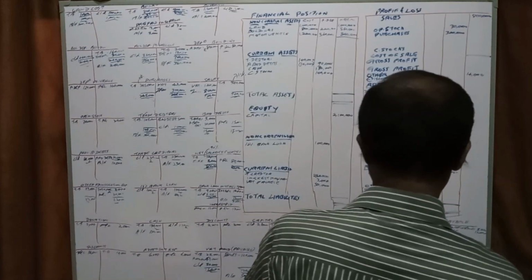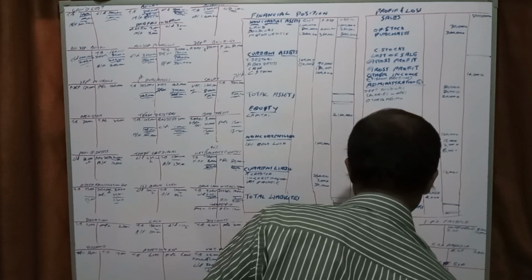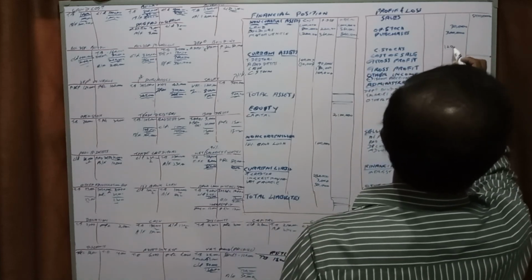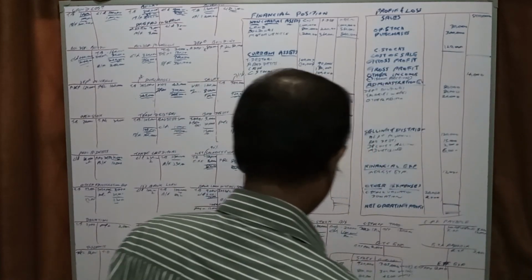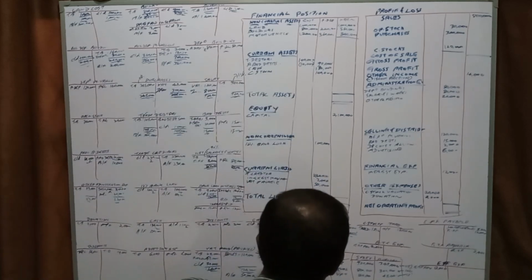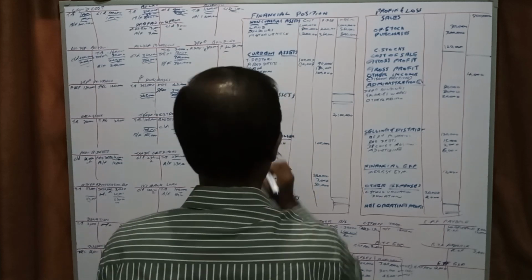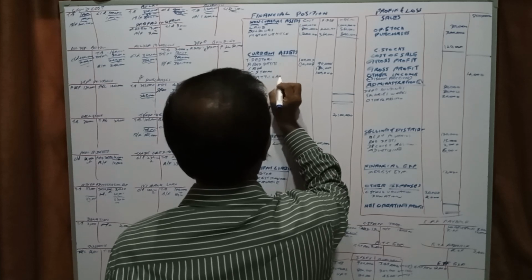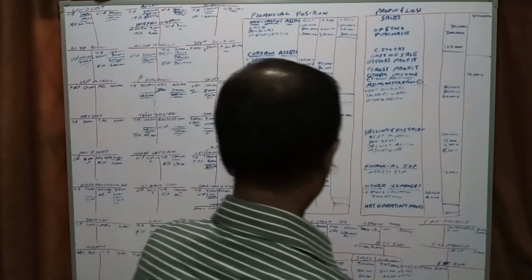And closing stocks in the trading account 120,000, right? And petty cash carried down 15,000, right? Petty cash brought forward 15,000, right? That also we have taken.